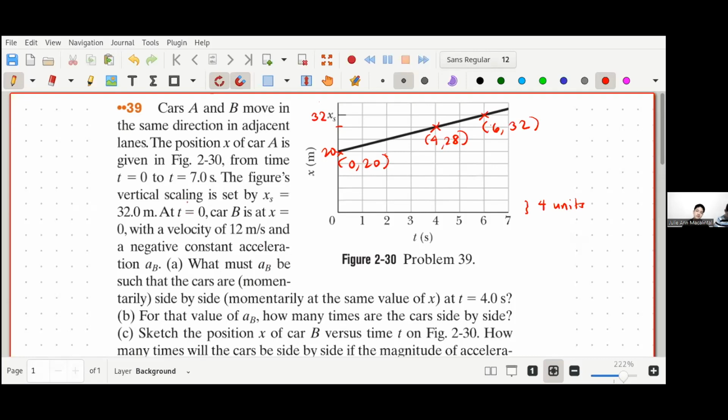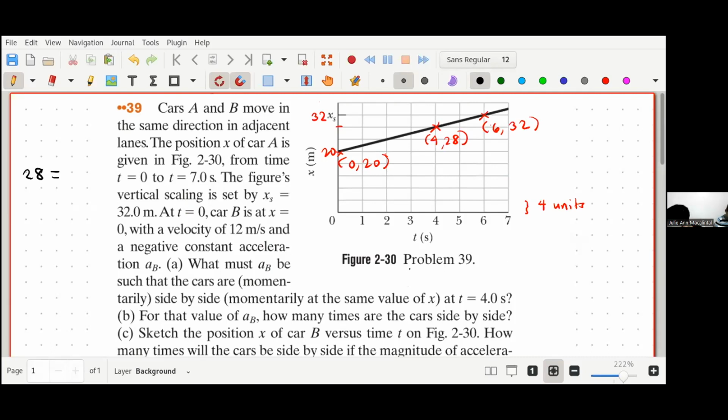Okay, so pag nakuha na yan, ano yung next na ginawa mo? 28 equals the... is there a name for yung x minus x0 equals vt, x naught is equal to v0t plus 1/2 at squared. Meron po pong pangalan doon.